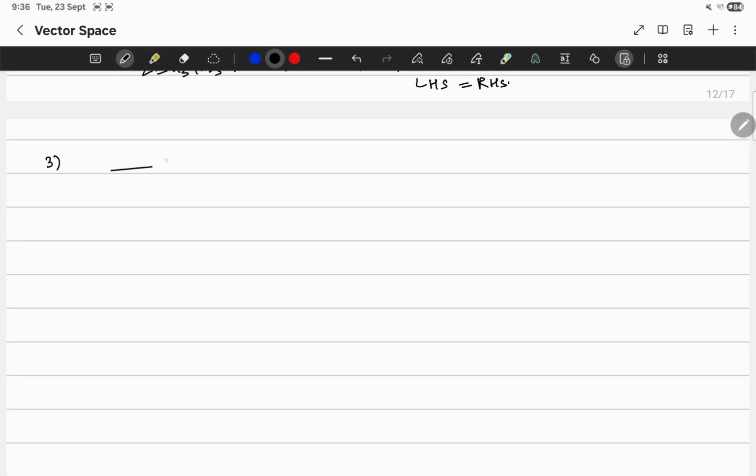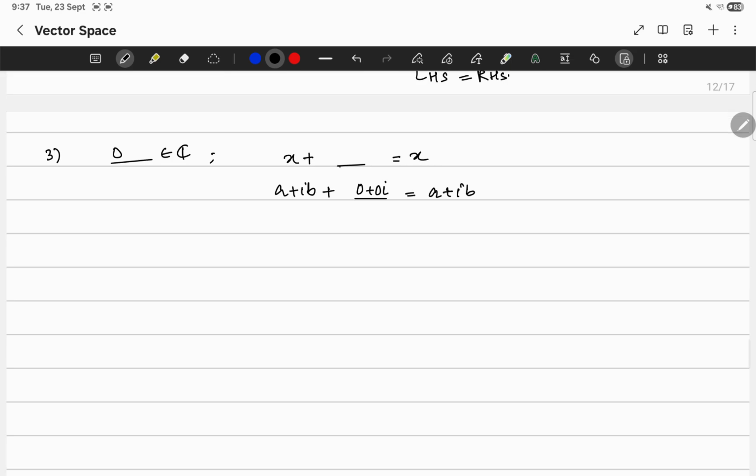So take any element of the complex numbers such that if you add it to any complex number, you will get the same complex number. Your complex number will be a plus iota b. You have to add some complex number to get the same a plus iota b. What's that? 0 plus 0 iota, that is your 0. So 0 is the zero vector of the complex numbers.